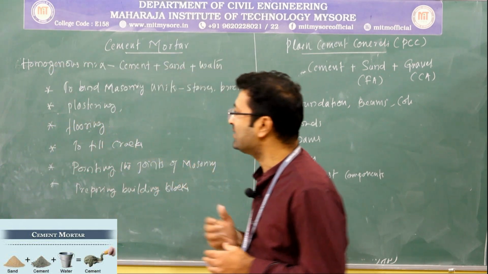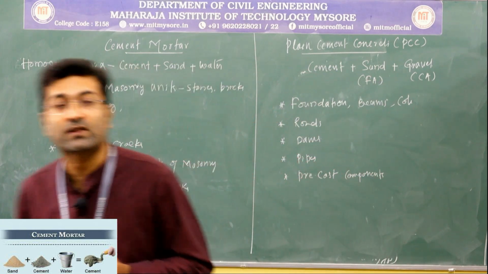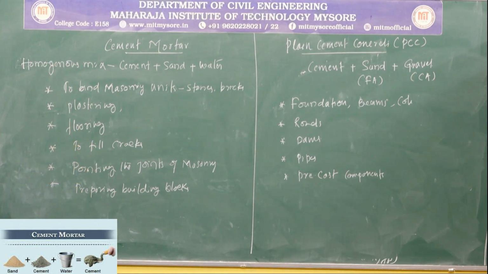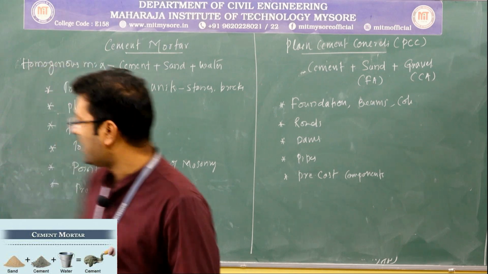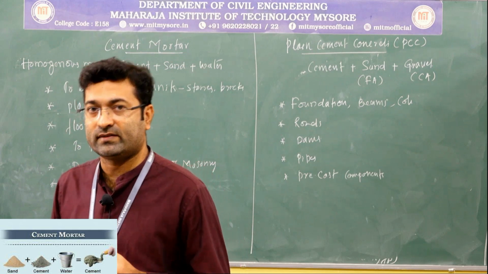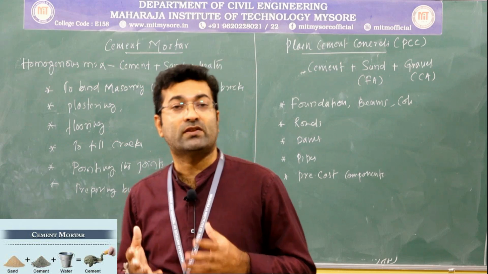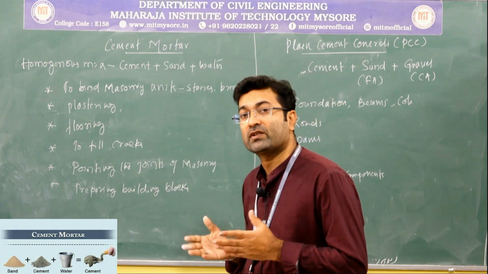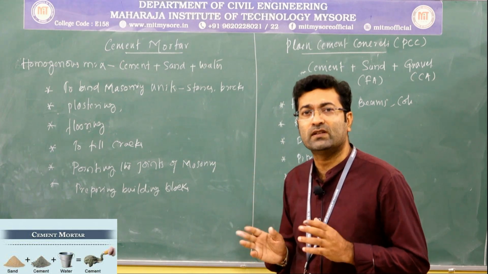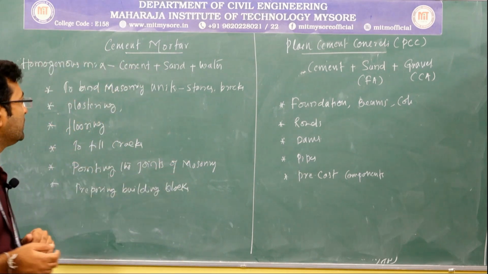Sometimes after the construction of walls, we use this mortar to point the walls. We also use it to prepare cement blocks, which nowadays are one of the most preferred construction materials for walls. Even to prepare those cement blocks, we need the mortar mix. Okay, this is something very brief about the mortar mix.